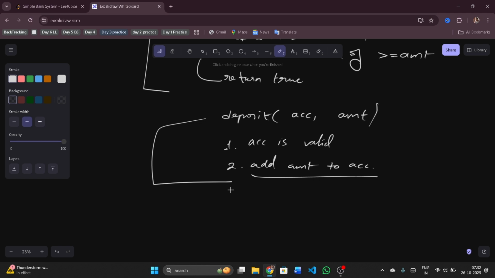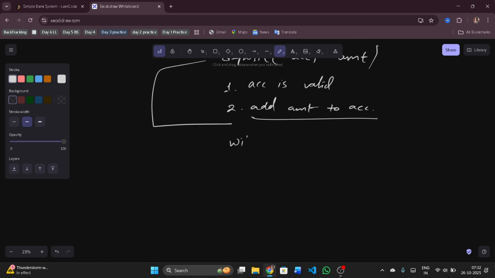Now we need to withdraw some amount of money. Imagine you have only 10,000 rupees in your bank, but we try a transaction of withdrawing 12,000. It will be a wrong procedure, or it will not be a successful transaction.